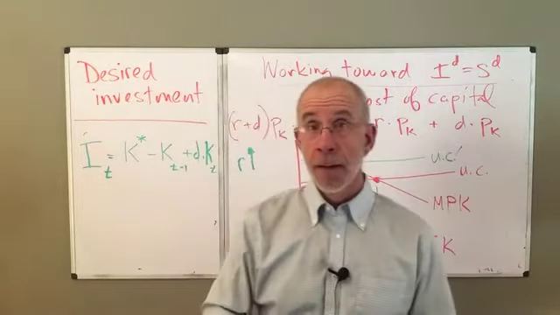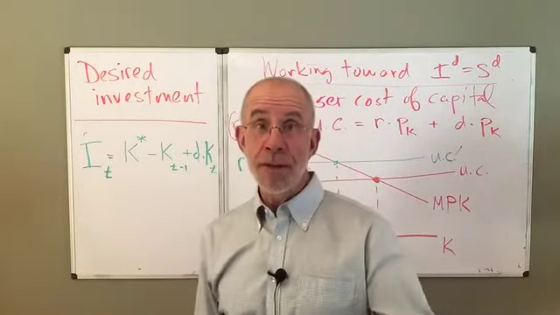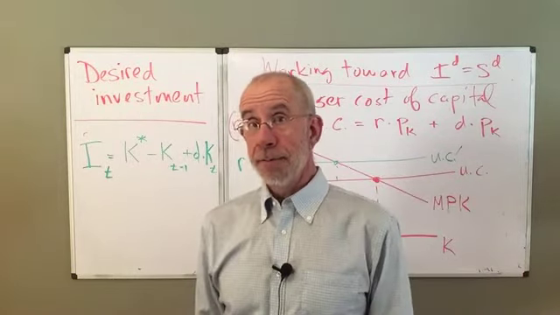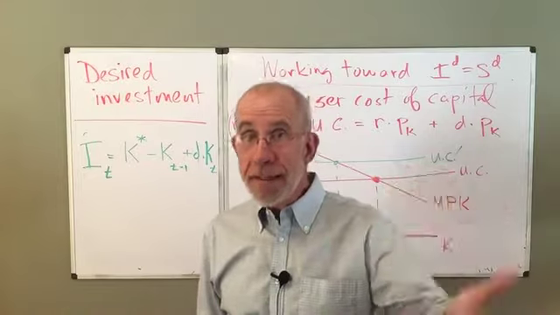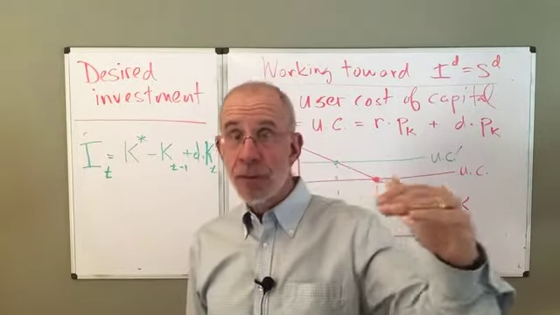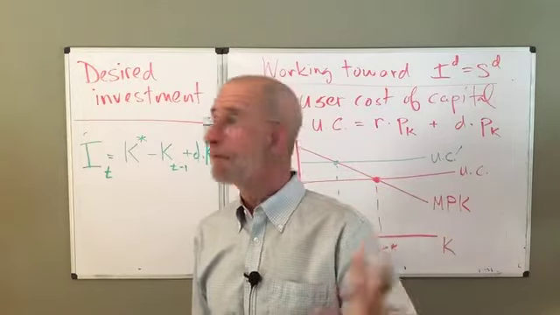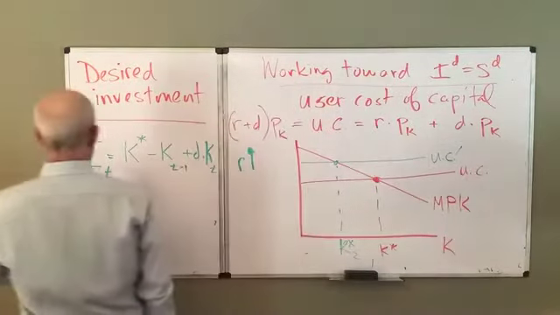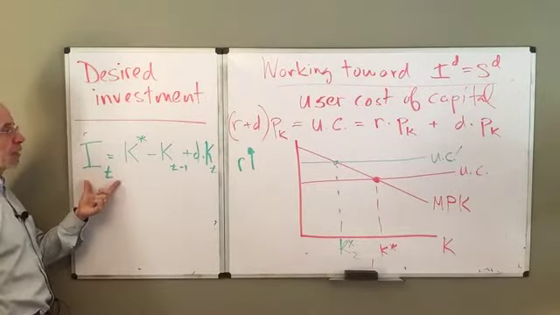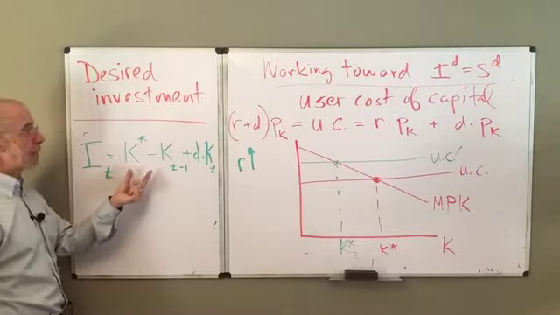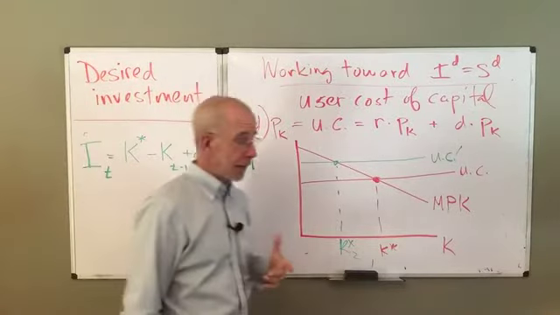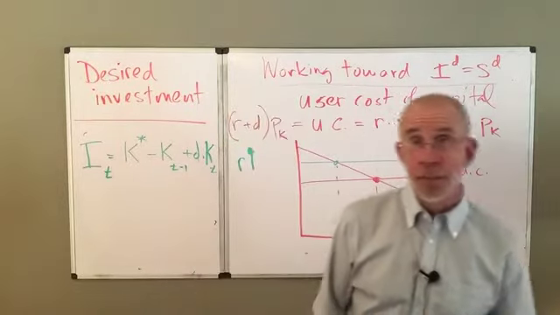So even if you didn't want to change things, your capital stock is getting older, and so you've got to maintain, you've got to invest, you've got to buy new equipment just to stay put. So here's this investment relationship, which relates the desired capital stock, last year's capital stock, and the depreciation.